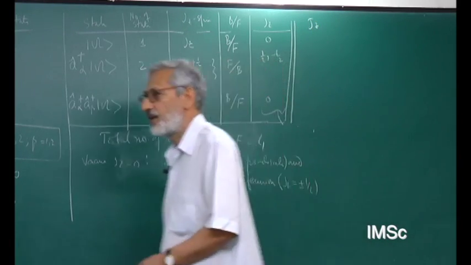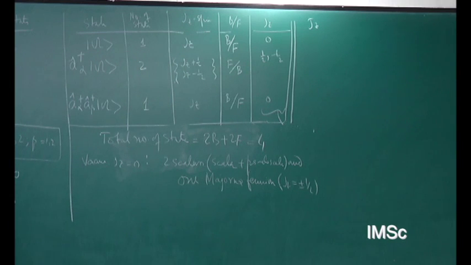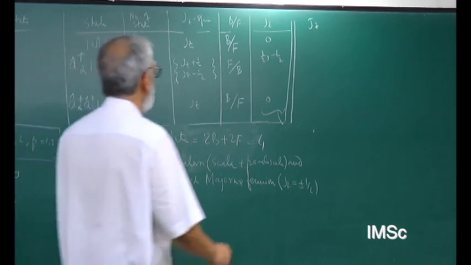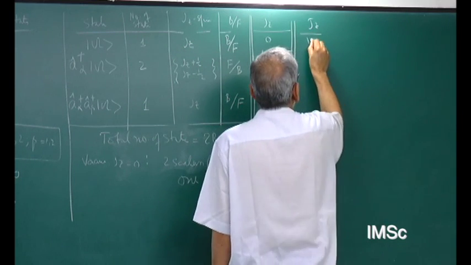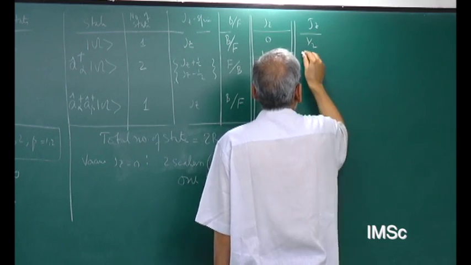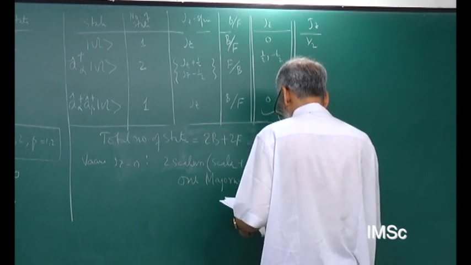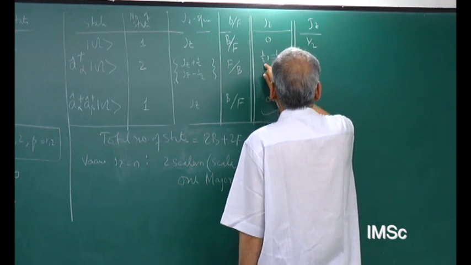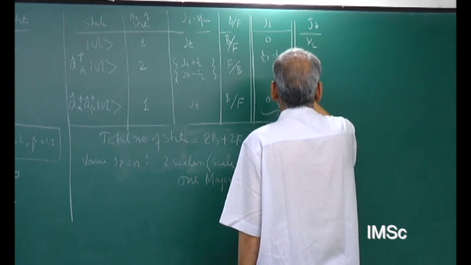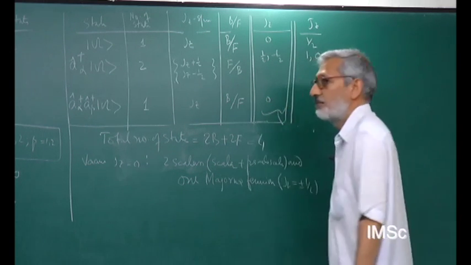Jz value, what have I taken? Half. So half, and then one of them will increase it, another one will decrease it by half unit.